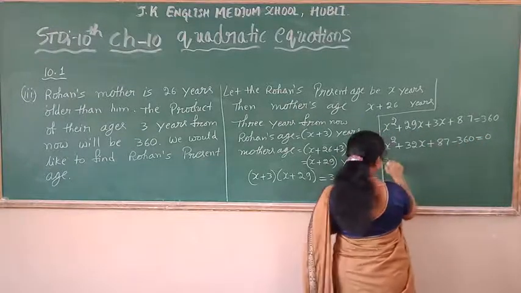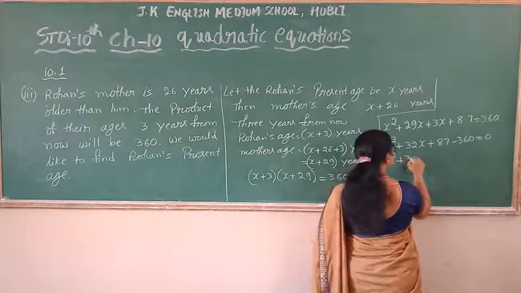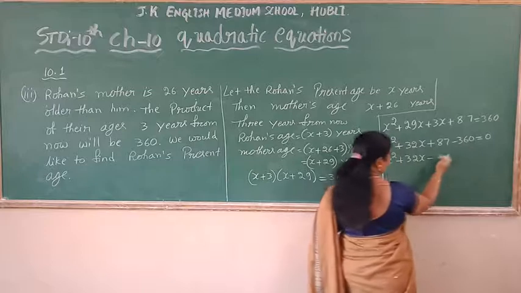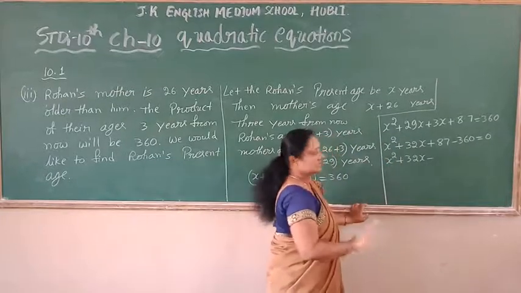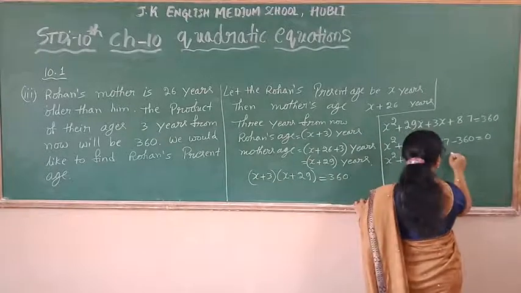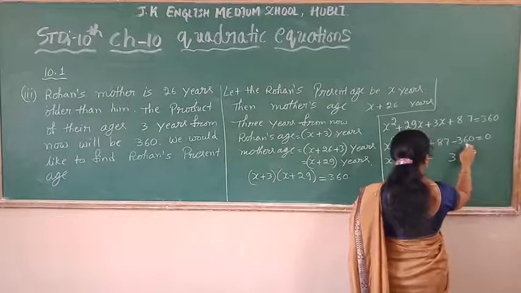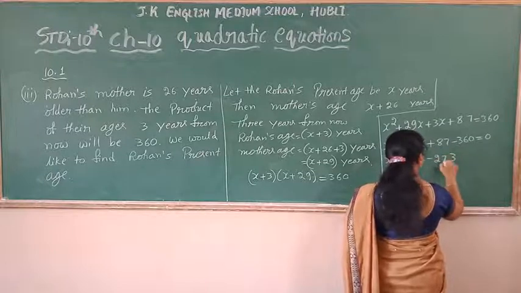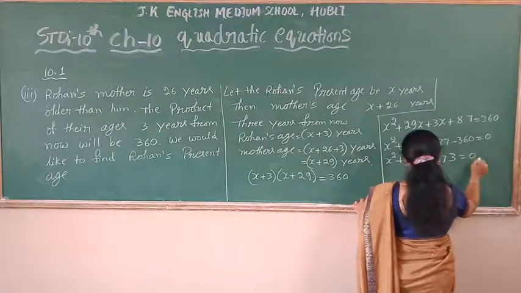Constant values you simplify now. X square plus 32x minus, the bigger number's sign is minus, so in 360 you subtract 87: 360 minus 87 is 273. So x square plus 32x minus 273 is equal to 0.